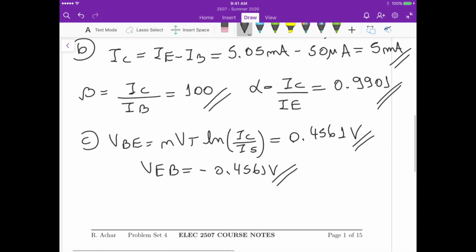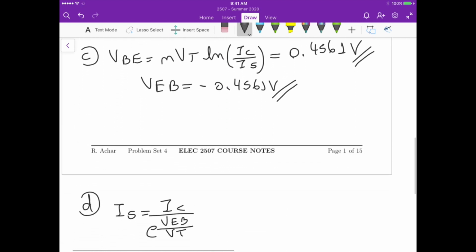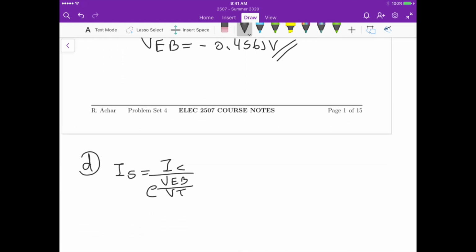Its ideality factor is not given, so let's assume 1, and VT as 25 millivolts. If we substitute, we get 2 milliamperes divided by exponential of 0.66 divided by 25 millivolts, and that gives us around 6.84 picoamperes, right?